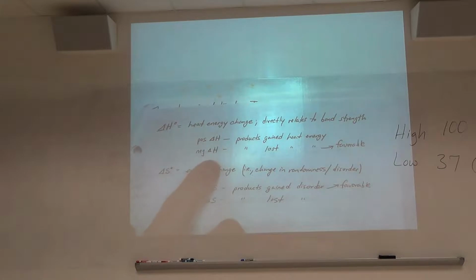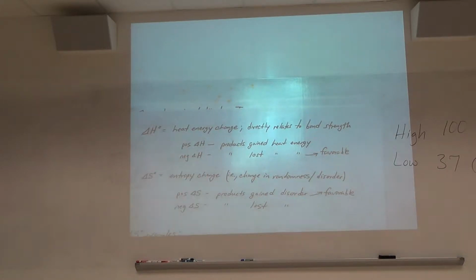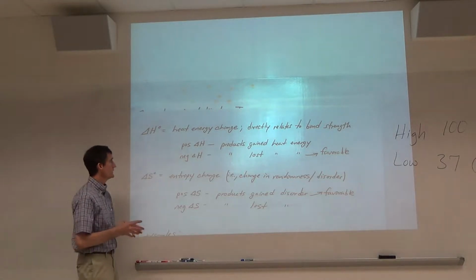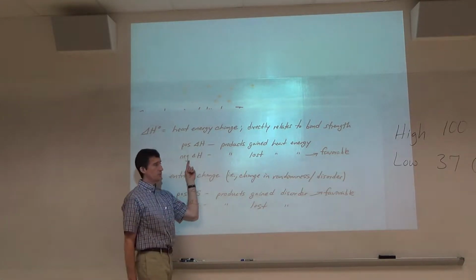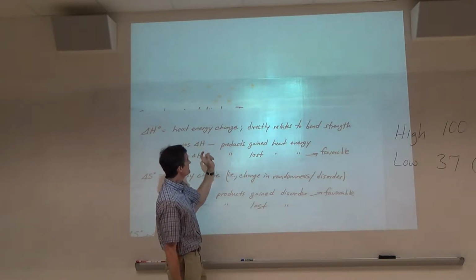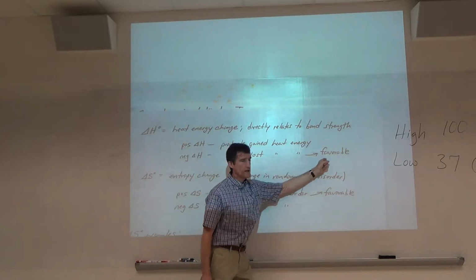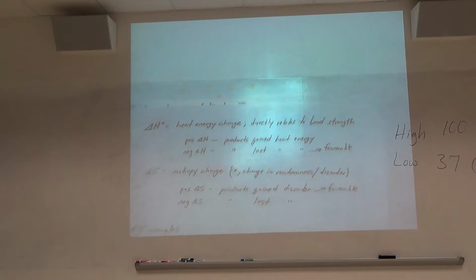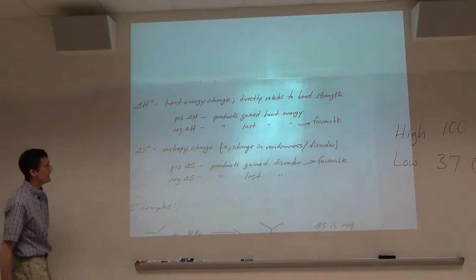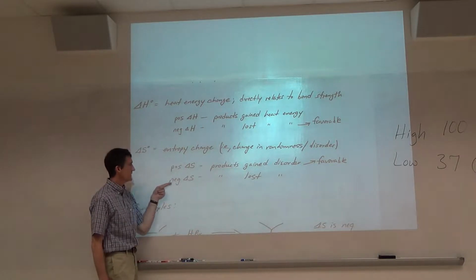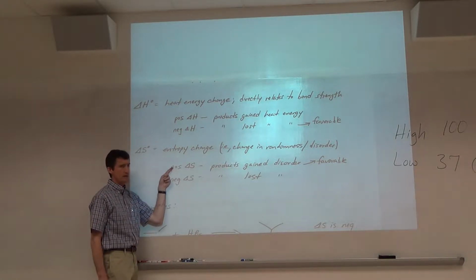So delta H, heat change. Which is better, positive delta H or negative? Negative. The system losing energy. The system losing energy is favorable. Exothermic is favorable. Entropy, which is favorable, positive or negative? Actually, positive.